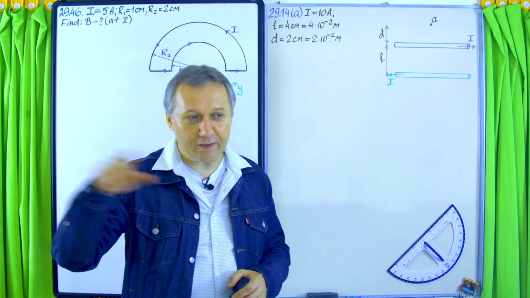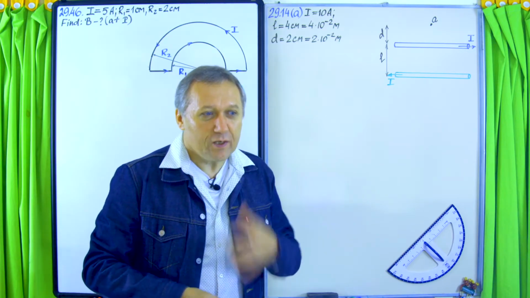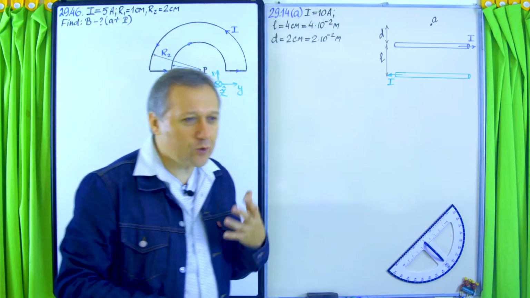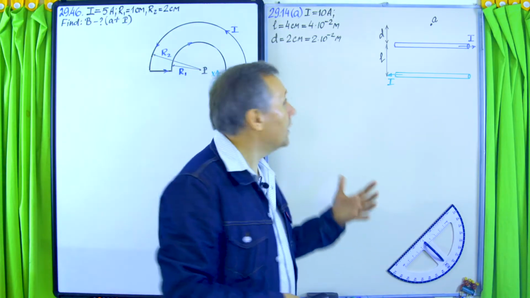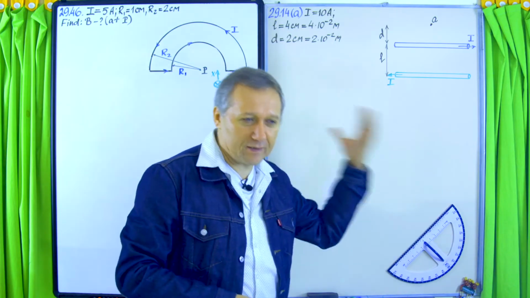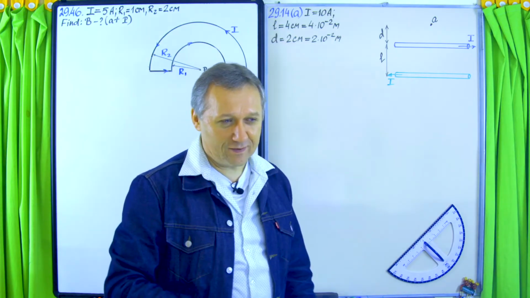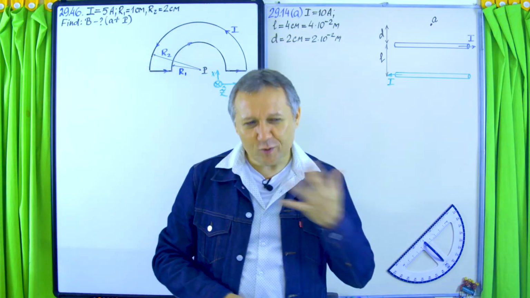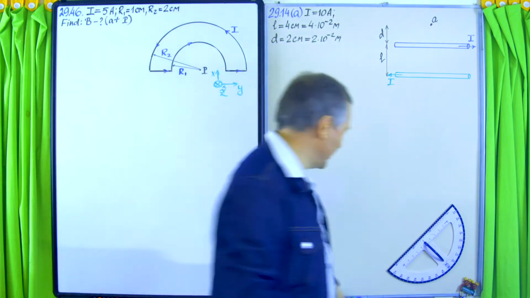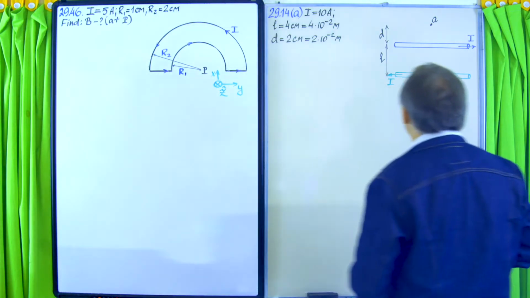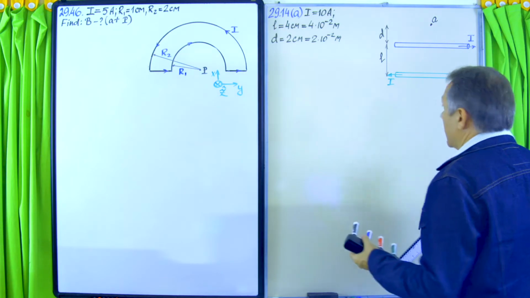You remember mu naught I divided by 2 pi d, but we all know that d is usually used for a particular distance given, like in this case, right? That's why over there it should be r. It's just more natural, better.